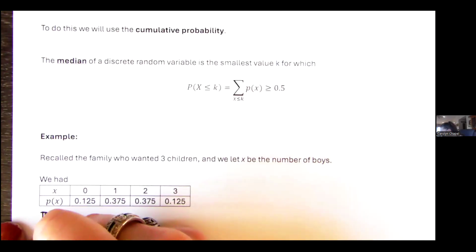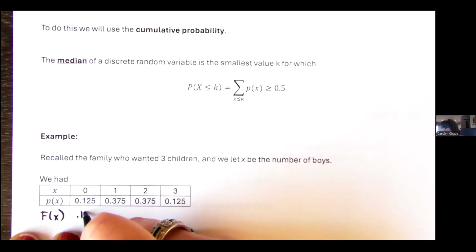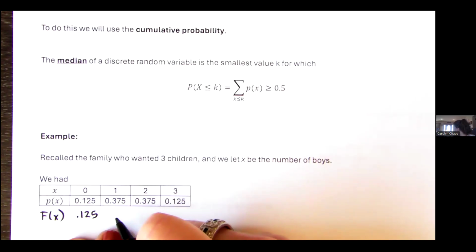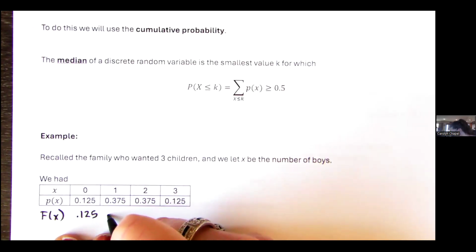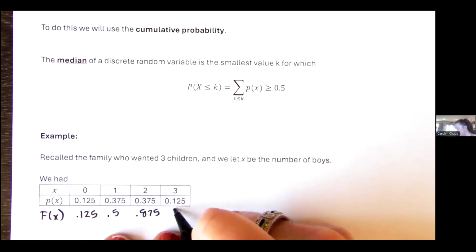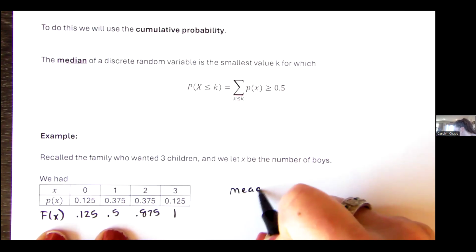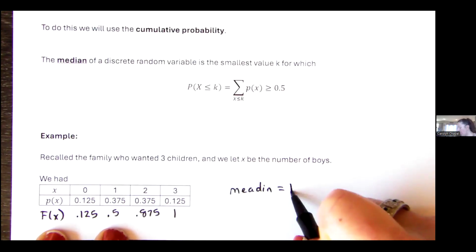Our f of x, we had the 1/8. I put it in decimal form just to make it simpler. So that was 0.125. Then we added this up and we would get 0.5. Here we'd get 0.875, and here we would get the 1. So our median would be 1.